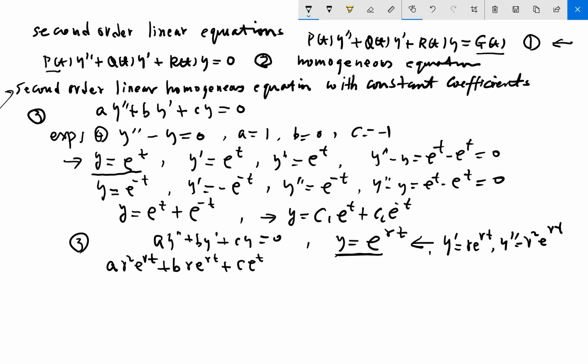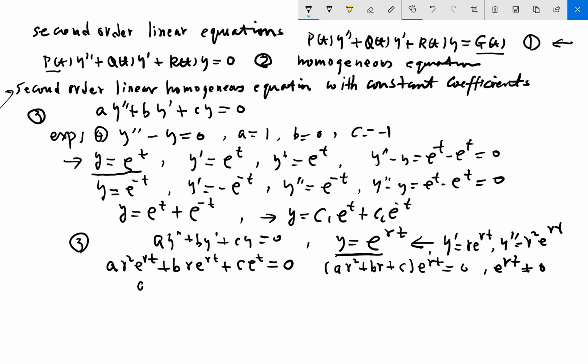If this is a solution, then the left-hand side should equal the right-hand side. And every term has e to the r t, so e to the r t times the bracket equals 0. And we know e to the r t never equals 0 for any t.